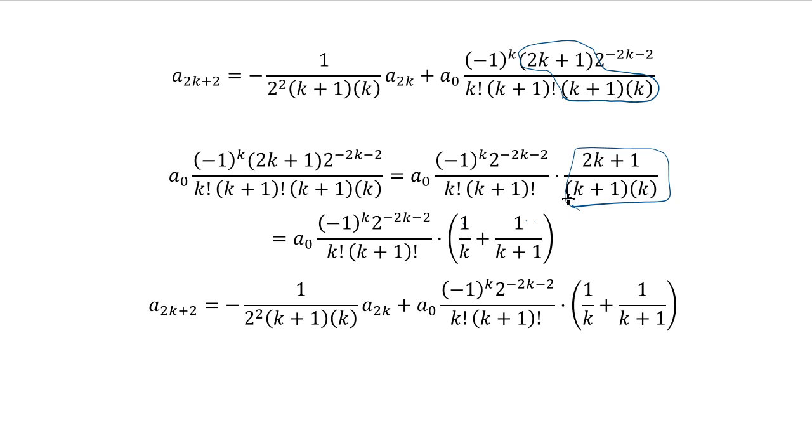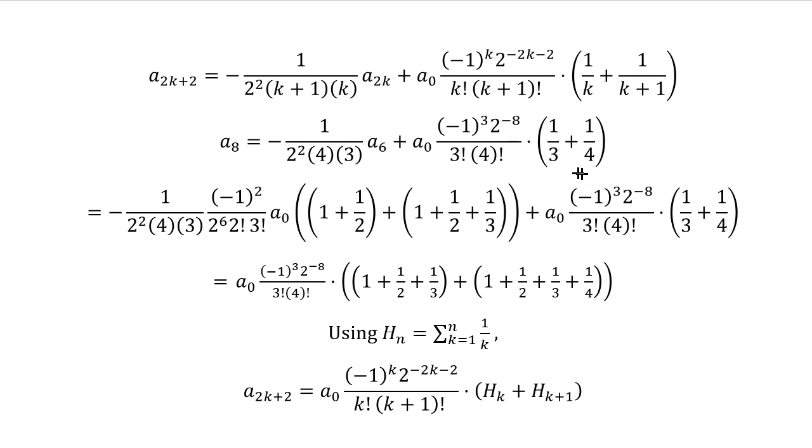So partial fraction expansion will give you this, and once you write it that way, then it becomes clear that every time you put something higher, this one will reproduce the previous term with some multiple, and this will give you this extra 1 over k and 1 over k plus 1 to get further terms, okay?